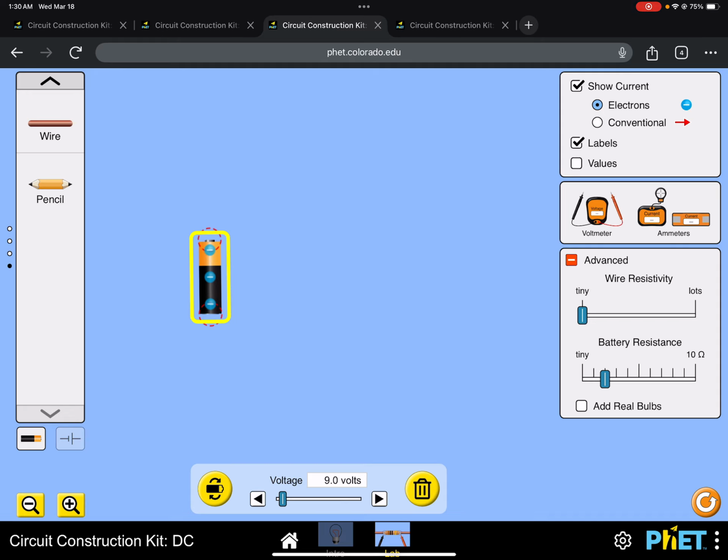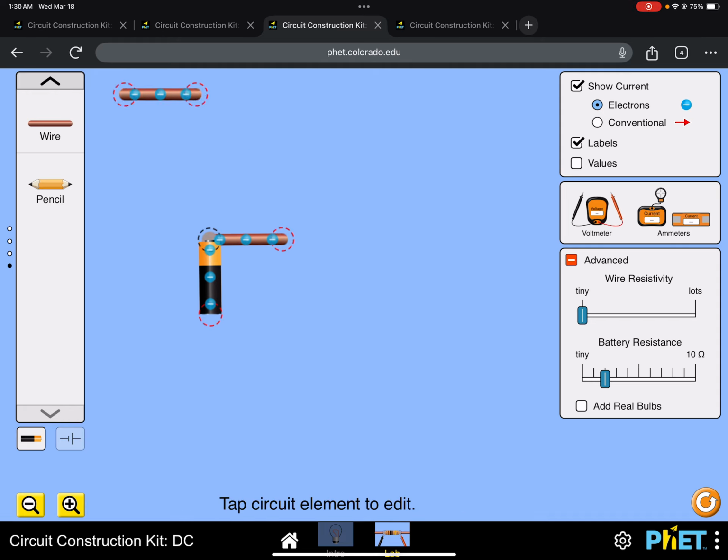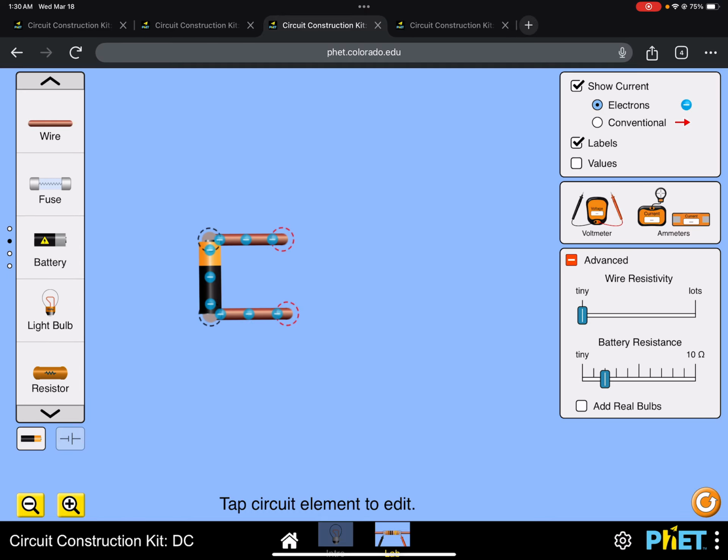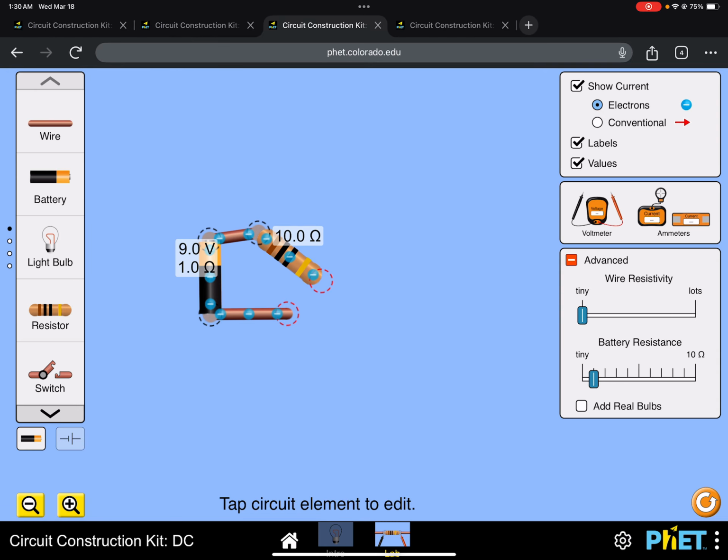So 9 volts, if I put a resistor across this battery. Wait, is there a real light bulb? Oh, okay, there we go. All right, good. So if I add a resistor here, look at what happens.